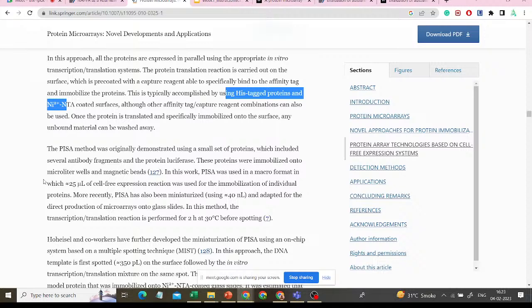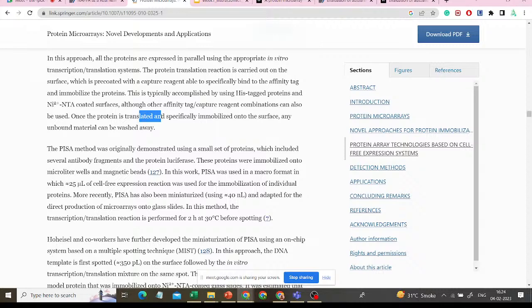Once the protein is translated, it will be translated with the histidine, so then you can capture it and easily find it.